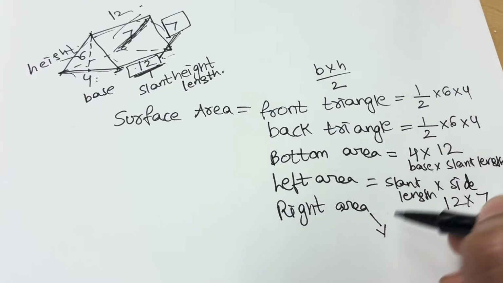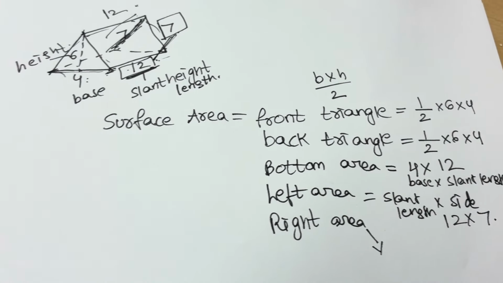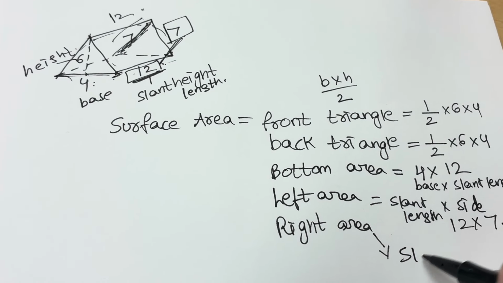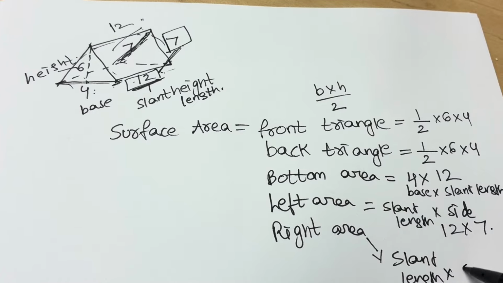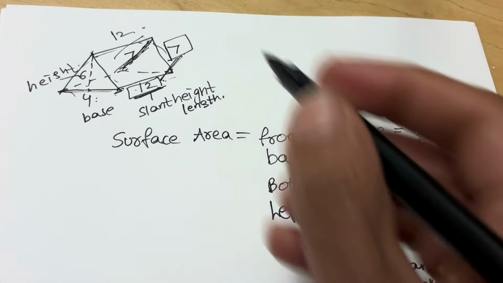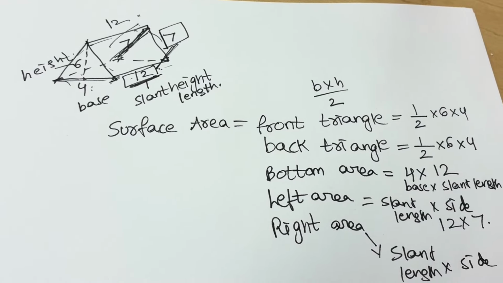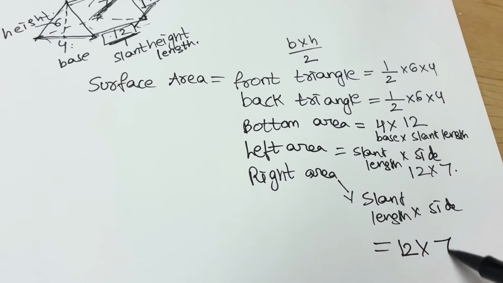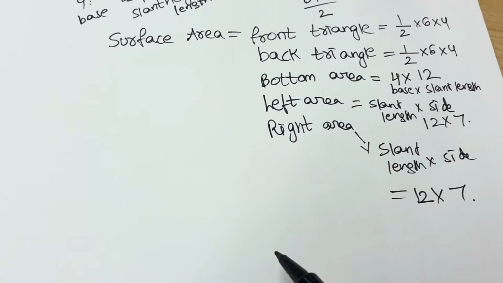And for the right side, again I take my slant length and multiply it with the side length, and you can see this side is again 7 from the figure, so it is 12 multiplied with 7. So now I'm going to calculate everything and add it here in the bottom.